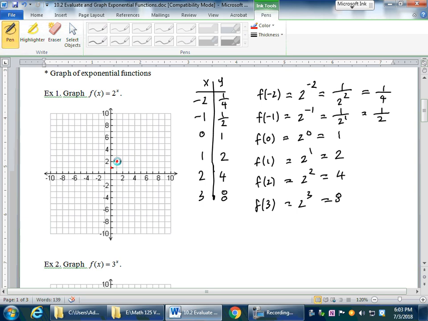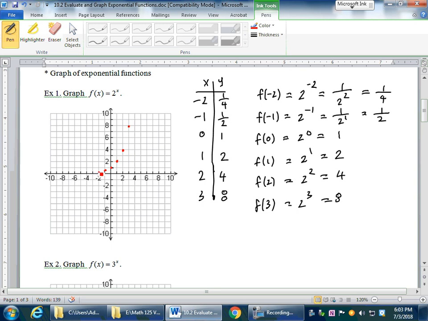When x is 2, my y will be 4. When x is 3, my y will be 8. When x is -1, my y will be a half. And when x is -2, my y will be 1/4.